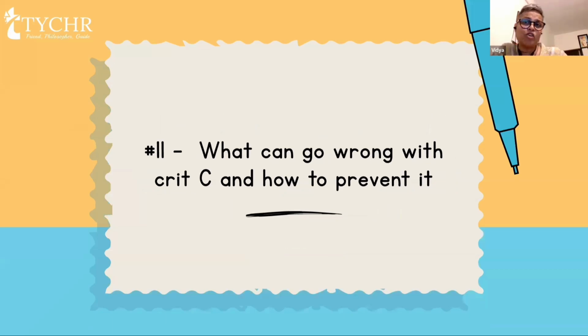Like I said, what can go wrong with criterion C is that you are spotting many things, but all of them are dots on the paper. Nothing is coming together. There is no clear commitment in your introduction paragraph, and therefore nothing is anchored on it, so there is no coherence. Therefore it is not focused on a single argument.